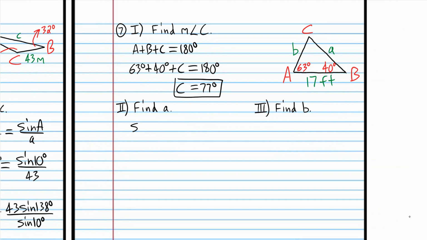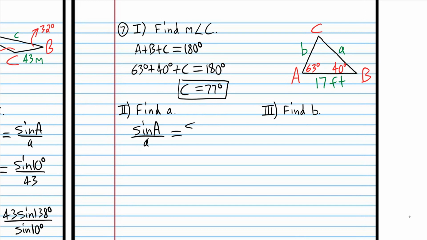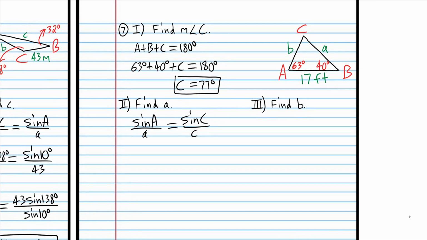And we're looking for the length of side A, so obviously we're going to use sine A over A. And we have the measure of angle C, so we're going to use that along with the length of side C. So the measure of angle A is 63 degrees. And the measure of angle C we found in the first step is 77 degrees.